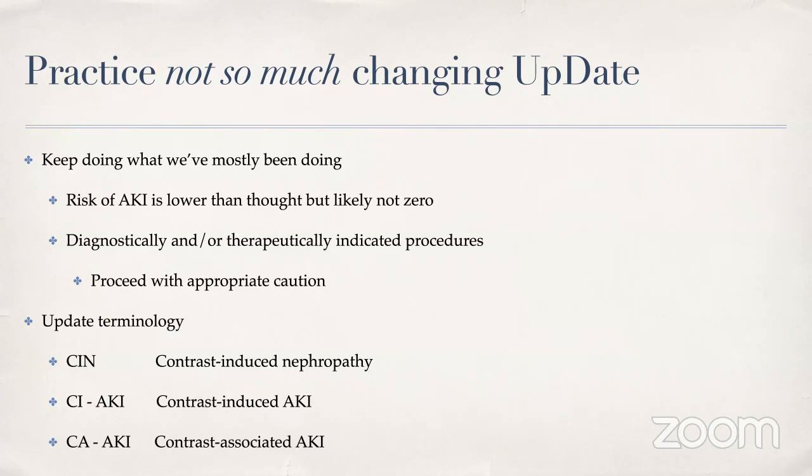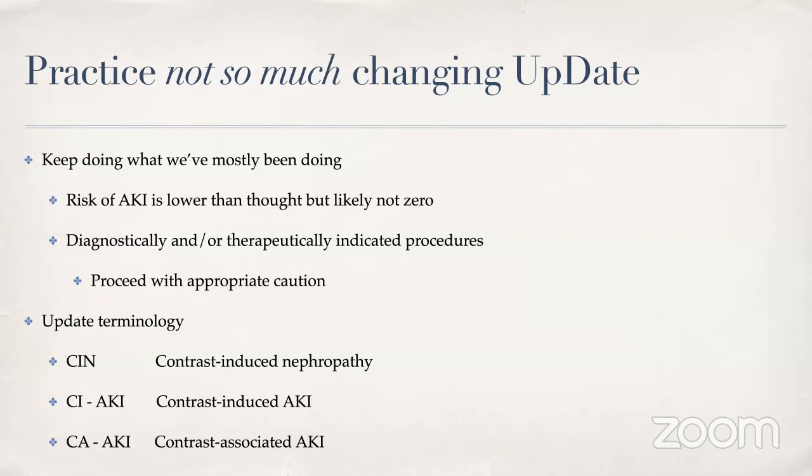Now, certainly I think it's still reasonable if somebody's at higher risk to think, are there other diagnostic or therapeutic options that exist that wouldn't involve giving contrast. The radiologists are great at talking with us about what our questions are and whether or not we really need to give contrast in order to answer that question. One thing that I think is perfectly reasonable is to update terminology.